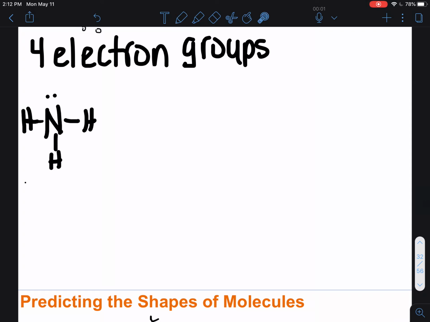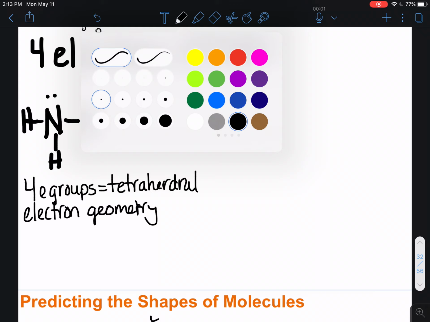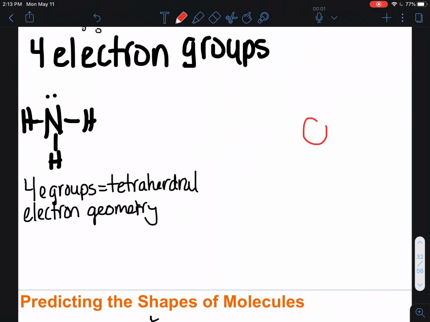So 1, 2, 3, 4. So that's 4 electron groups, which gives us tetrahedral electron geometry. Okay, so again, I'm going to draw that generic really fast. So tetrahedral electron geometry.